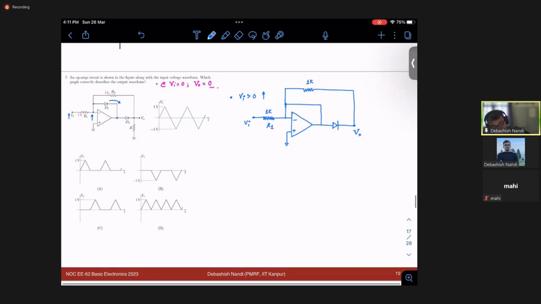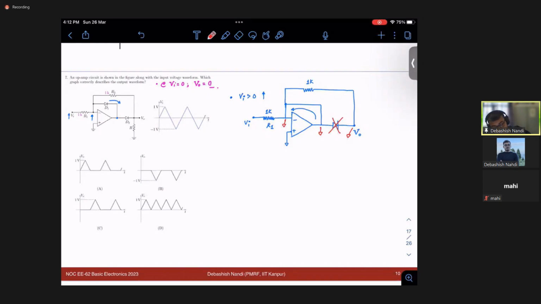So there is a negative feedback across the diode. So this will be grounded. This will be grounded. And earlier this was 0, the last value. So this diode does not conduct.